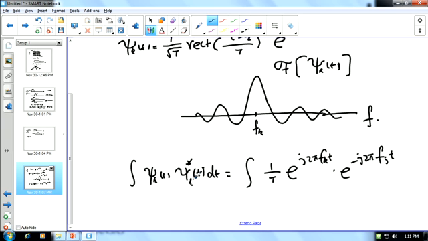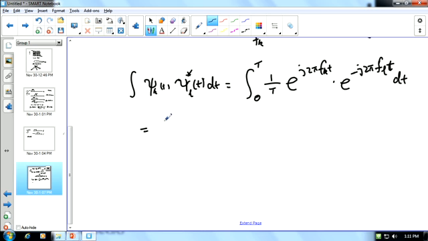Let's use phi_l: e^{-j2πf_l t} dt. And the integration is from 0 to T. So we will have 1 over T, integral from 0 to capital T of e^{j2π(f_k - f_l)t} dt.